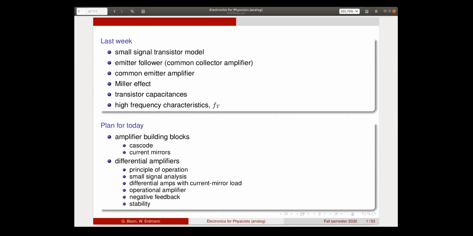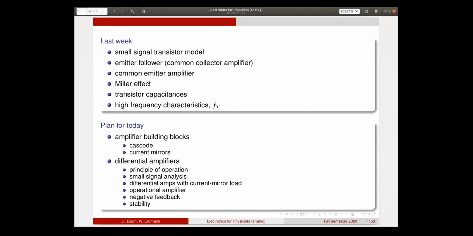Okay, so let's start. Last week, it was mostly about the transistor circuits and the small signal transistor model, and we used this model to analyze in more detail the emitter follower, also called common collector amplifier. We also looked at the common emitter amplifier, which has significant voltage gain. We saw the so-called Miller effect, which is problematic for high-speed circuits, where the input is coupled capacitively to the output with a large swing, making this capacitance look much larger than it actually is.